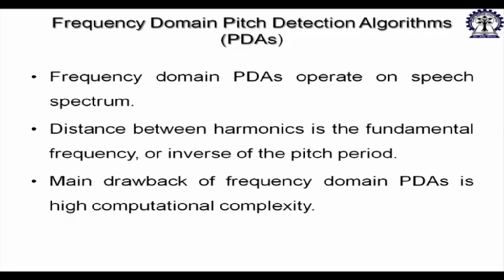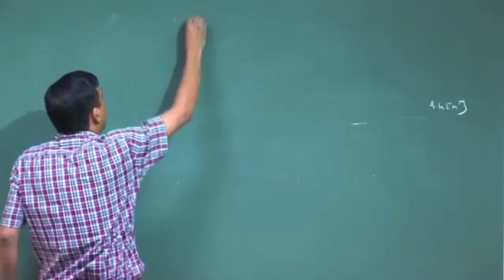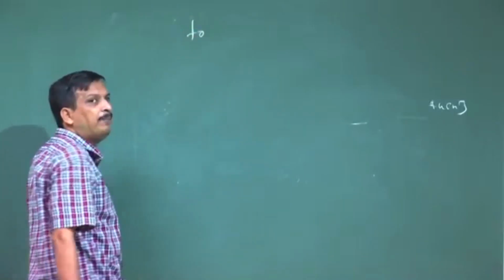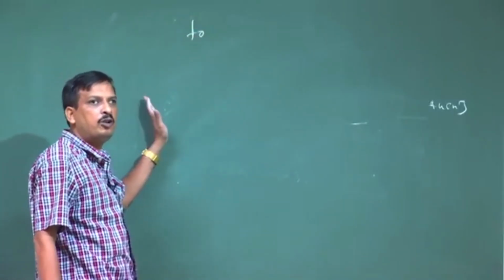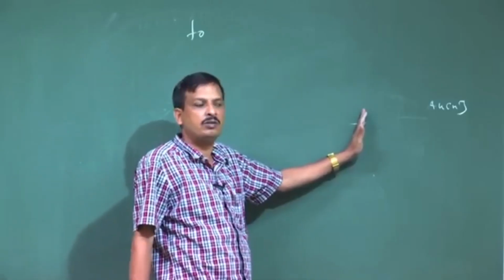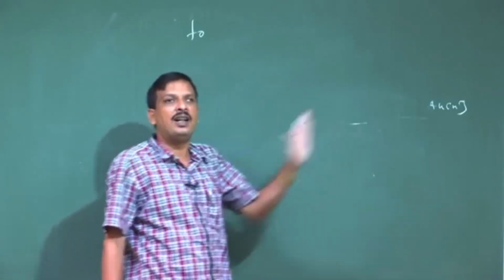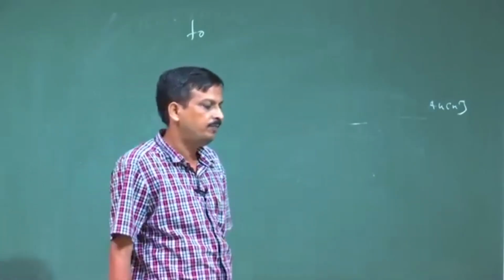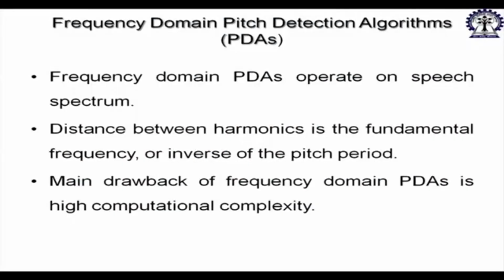If a signal consists of F0, then harmonics will be repeated at F0, twice F0, 3 F0, 4 F0. Okay. So, from there I can calculate the F0. The main drawback of the frequency domain PDA is the high computational complexity. Transforming any signal to the frequency domain is computationally complex.